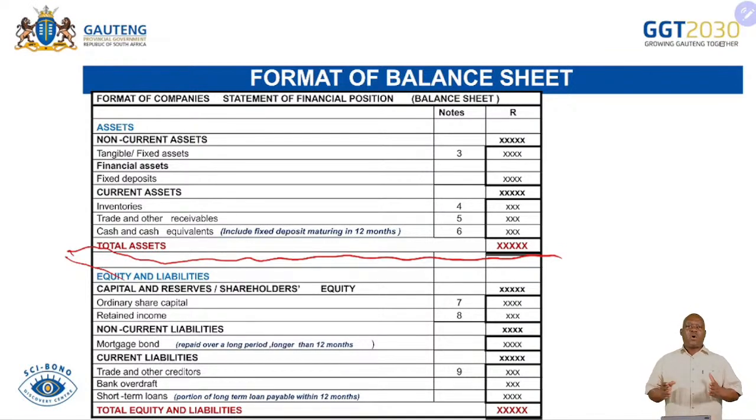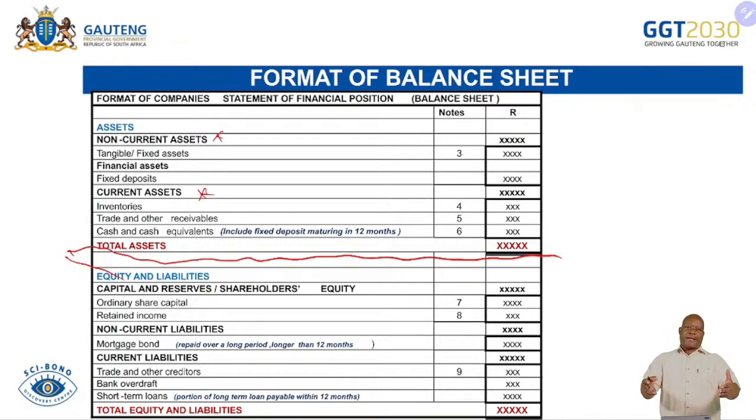Guys, I don't know how we end up not seeing this format. We are just saying we have got two types of assets, non-current and the current. Under non-current now, we have got two subtypes. We have got the tangible assets, which are referred to as fixed assets, and we have got the financial assets, which are known as the fixed deposit. So those two make up the non-current part.